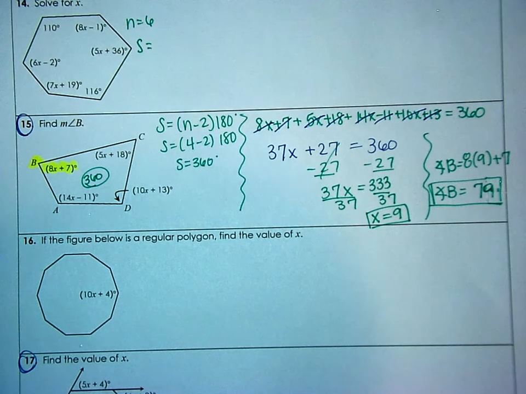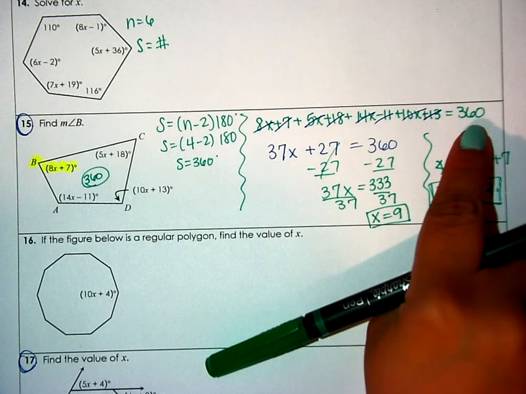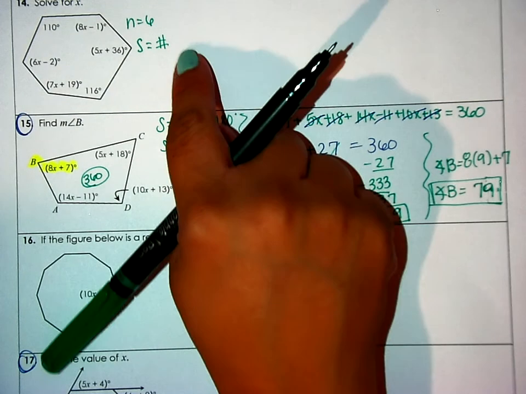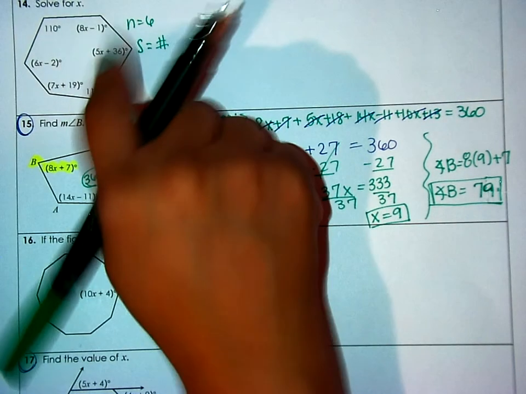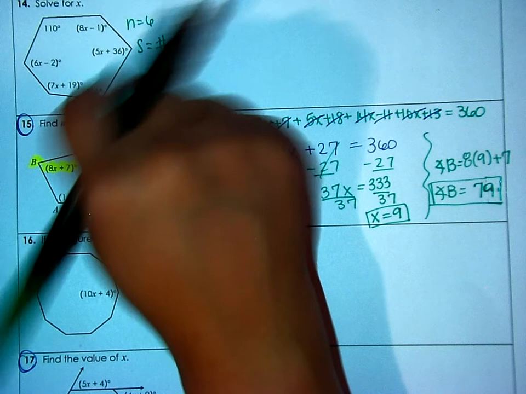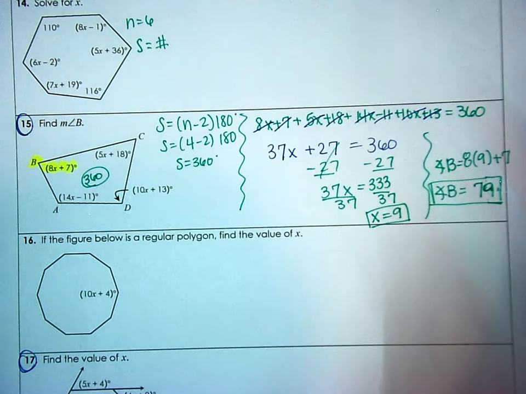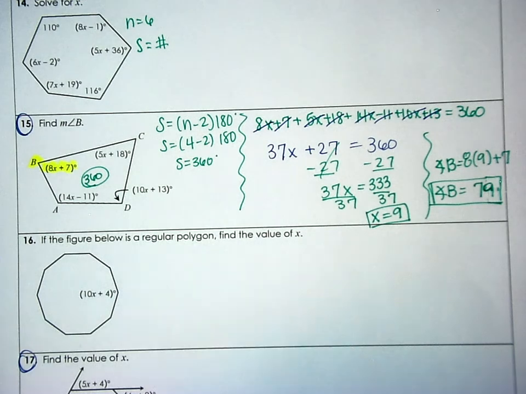All you have to do is put in 6 in place for n. When you get that number, just like I set this equal to 360, you're going to set equal to the number that you get there. Once you do that, you take every single part, just like we did here, set them equal to that number, and solve for x. The only difference is you don't plug this one back in. So it's actually a little bit easier.